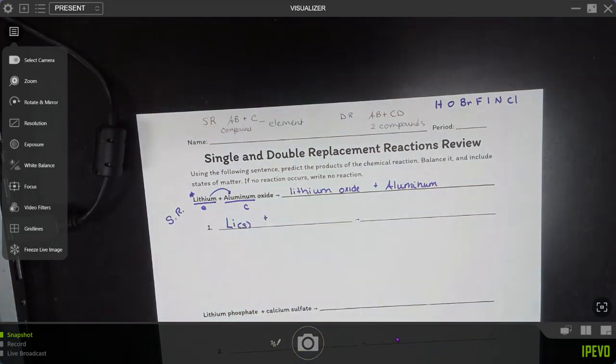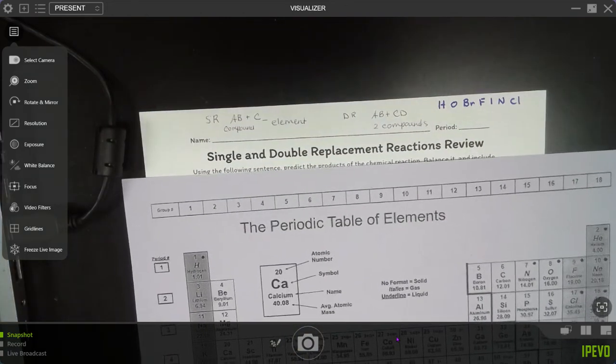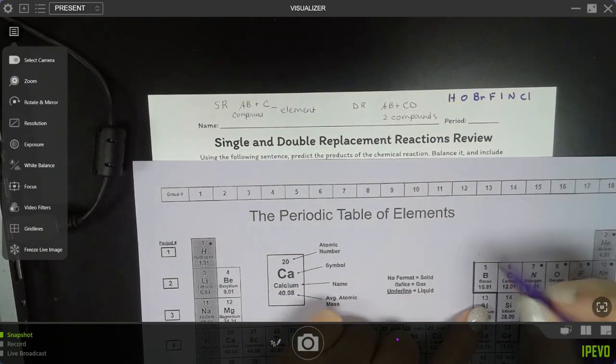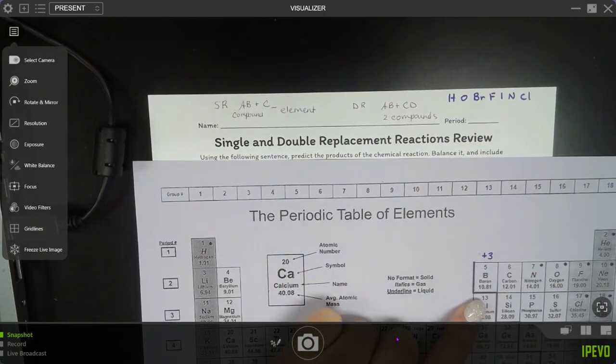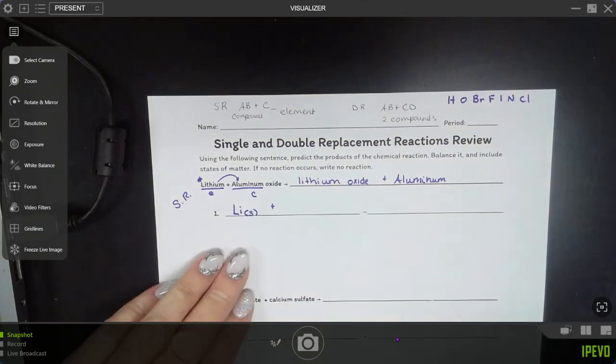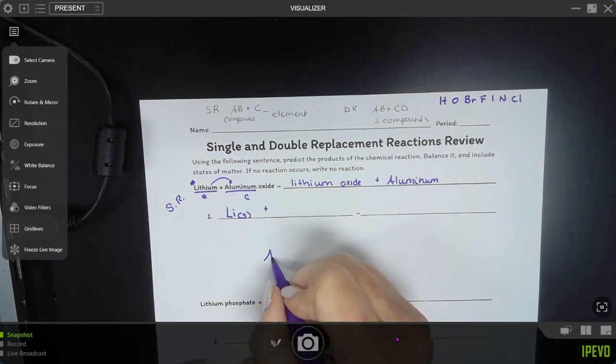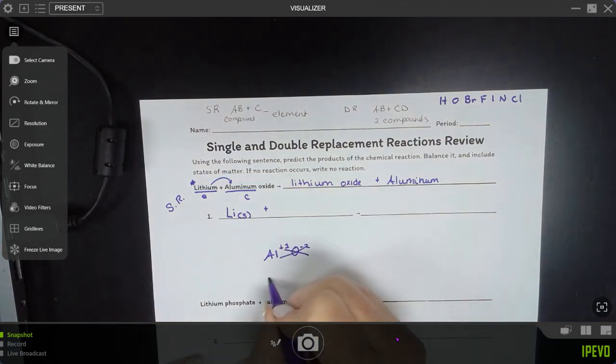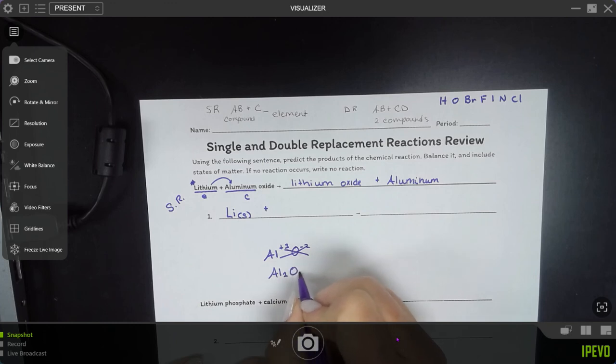Next, we have aluminum oxide. Aluminum is in group 13, which means it has a +3 charge. Oxygen is in group 16, which means it has a -2 charge. For aluminum oxide, aluminum's +3, oxygen's -2, we crisscross those charges and we get Al2O3.